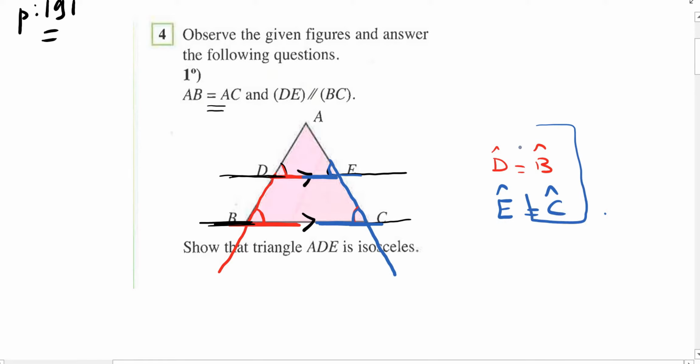But angles B and C are equal because these are base angles of isosceles triangle, because in the beginning of this video I have just mentioned that ABC is an isosceles triangle and angles B and C are equal. So by comparison I can say that angles D and E are equal. Now since angles D and E are equal, then I can say now that triangle ADE is an isosceles triangle of main vertex A.